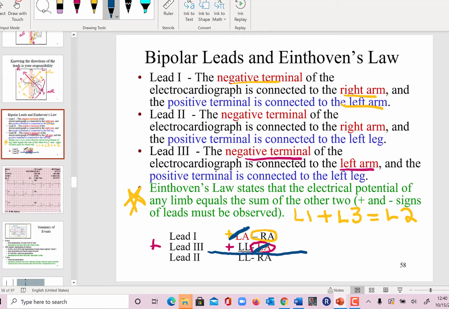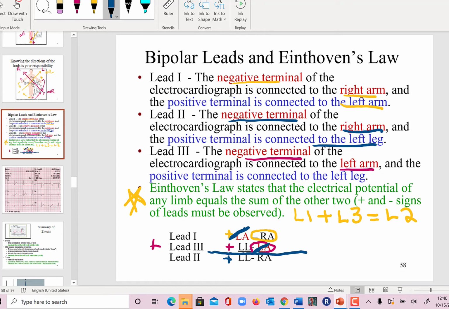This leads to a positive left leg and a negative right arm. And that is the definition of lead 2. It's negative on the right arm and positive on the left leg. How can we actually prove this on a patient's EKG?